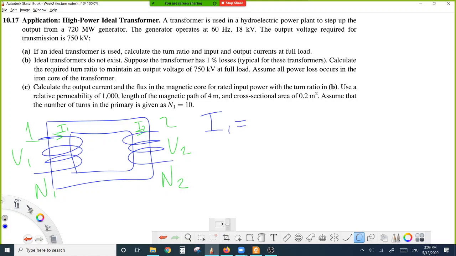I1 is equal to power divided by V1. Yes?